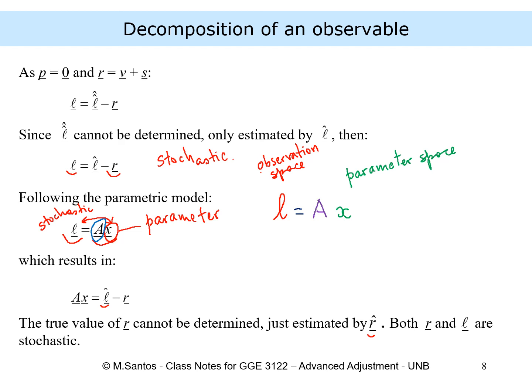So how can we relate the parameter space with the observation space?